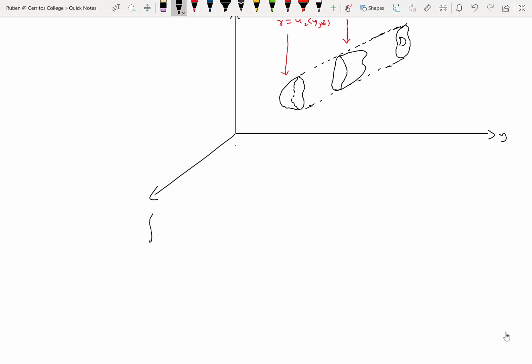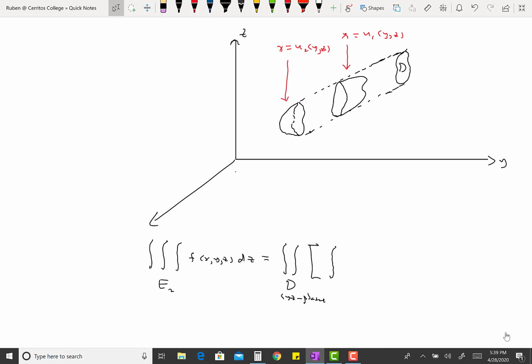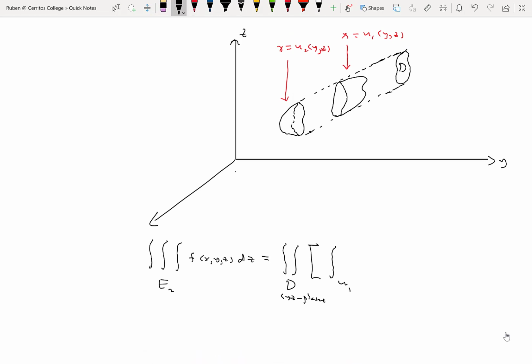Now, in spite of the fact that the drawing of these is very difficult, the result isn't so bad. The result looks similar to the type 1 region. If we want to triply integrate a function of x, y, z over the type 2 region, remember, type 2 has function front, function back, it converts into a double integral over the projection of this solid region in the yz plane, of the integral in the x direction between the two surfaces, from u1 of yz, the surface in back, to u2 of yz, the surface in front.